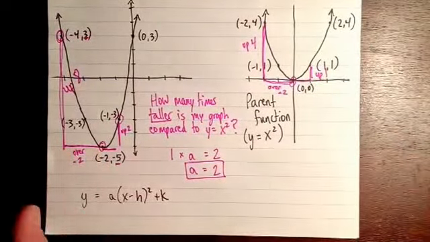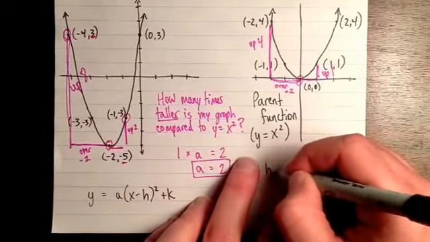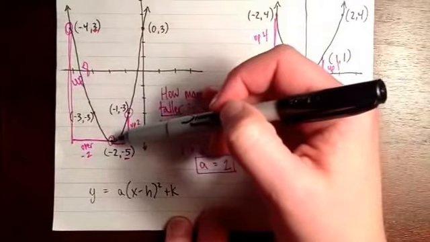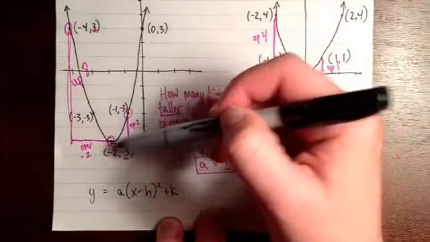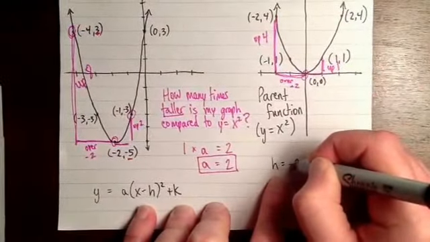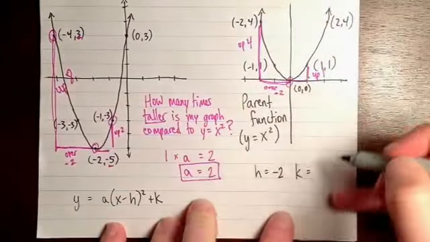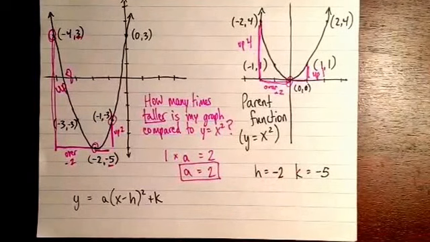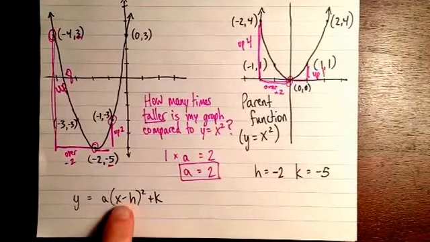Let's get the h and k values as well. So our h value is the x value of the vertex, so that's -2. And the k value is the y value of the vertex, -5.